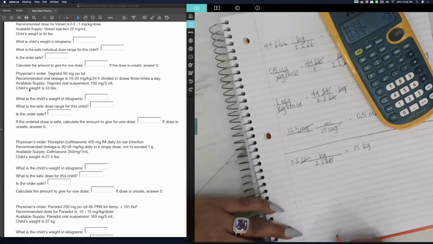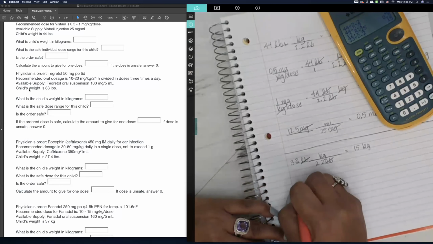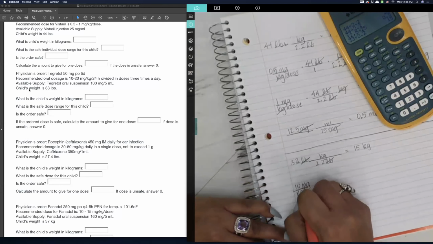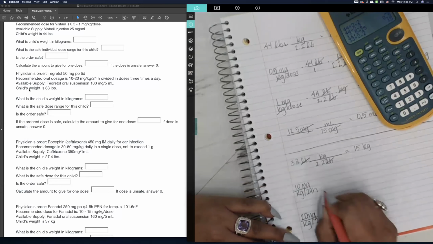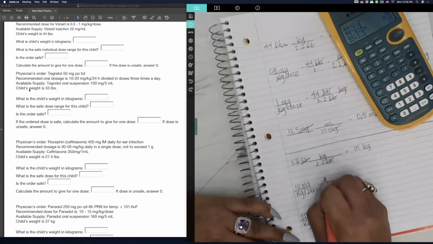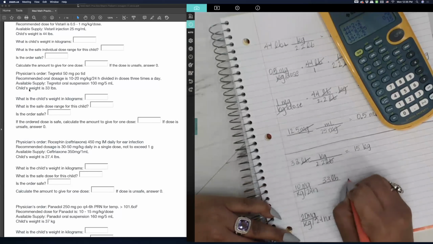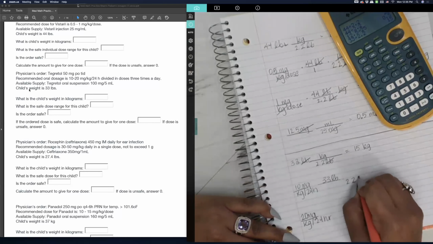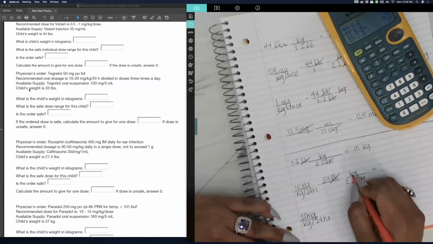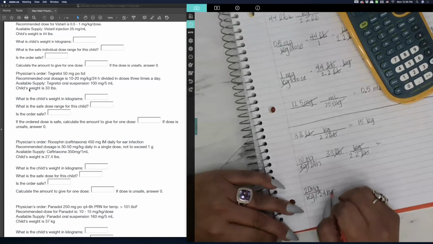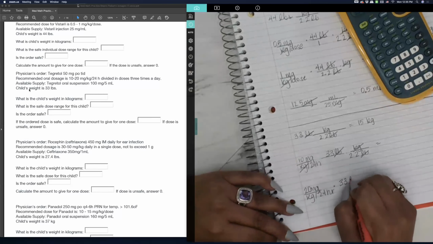Okay, and then the low end of our range is 10 milligrams per kilogram per 24 hours, and the high is 20 milligrams per kilogram per 24 hours. And the same thing, we're going to use our mass, 33 pounds and 2.2 pounds per kilogram. Kilograms cancel. And the same thing, we're going to just set up all of our work first.